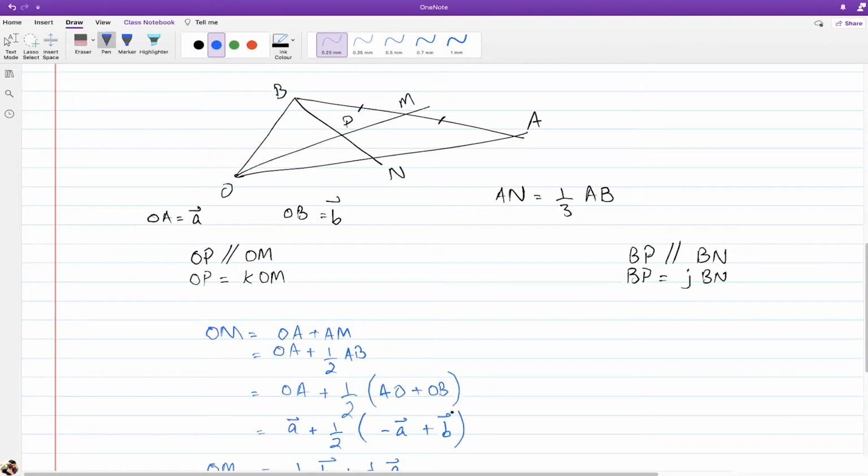So basically I wanted to find OM. And OM, I know, is going from O to A, then going from A to M. So I'm looking at the map here. Similarly, going from A to M is same as going halfway from A to B. Yes, sir. And going from A to B, I don't have a direct path, but I do know that I can just go from A to O, then O to B. Right?